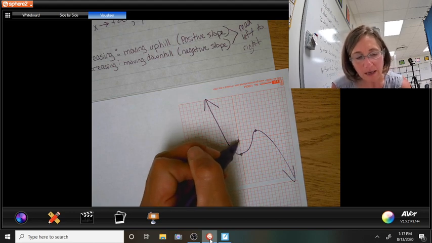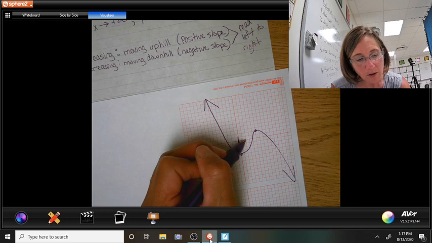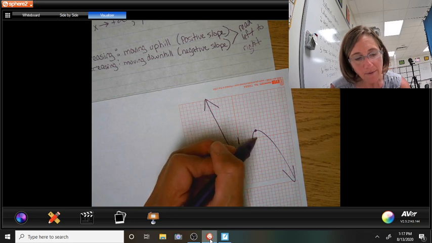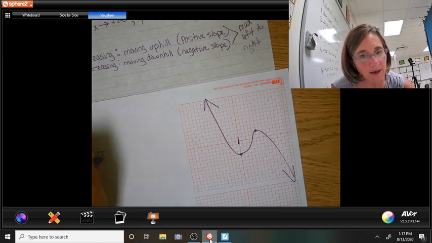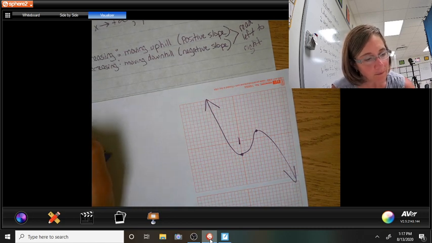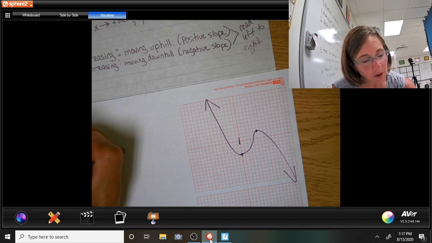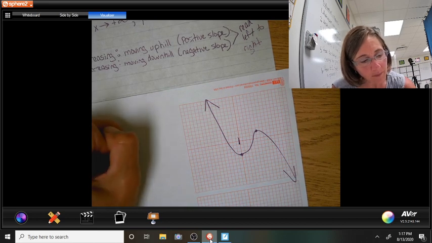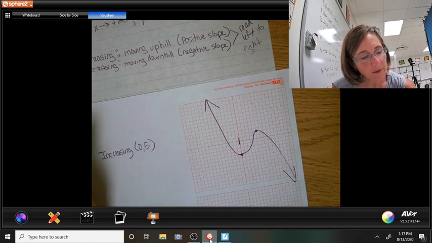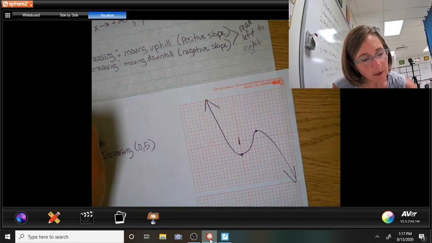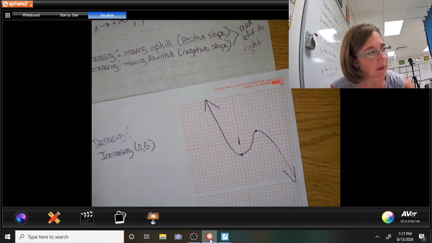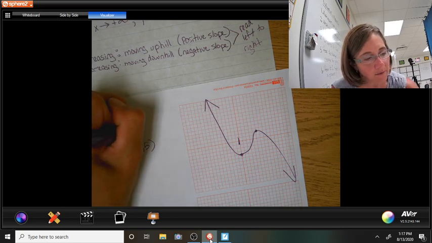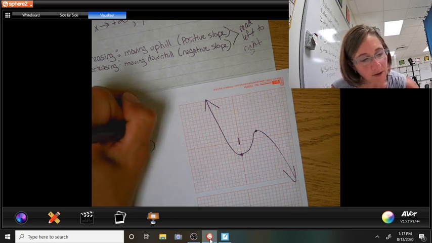So it's increasing from where the x is 0 until 1, 2, 3, 4, 5, until an x value of 5. So we could say that it's increasing on the interval from 0 to 5. It was decreasing before that from negative infinity to 0.